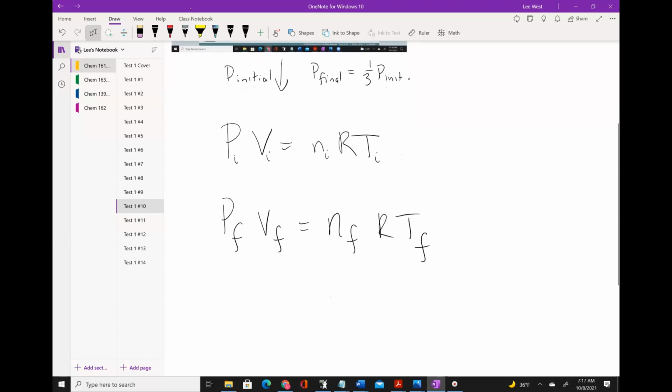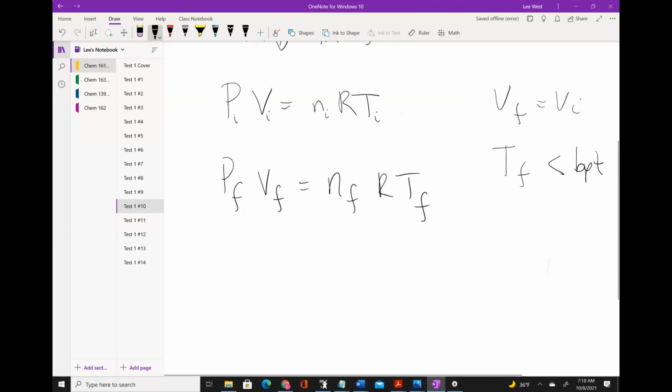And what we would like is for the final volume to equal the initial volume. But the question is, will the final temperature be less than the boiling point if we do that? Or will it turn into a liquid?